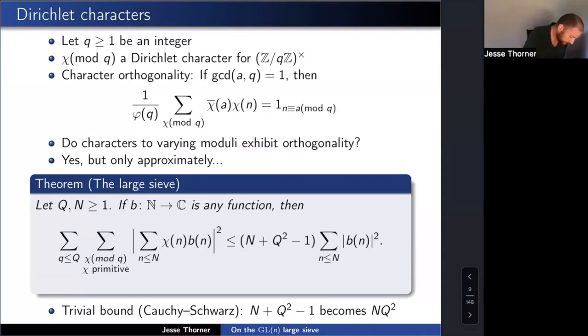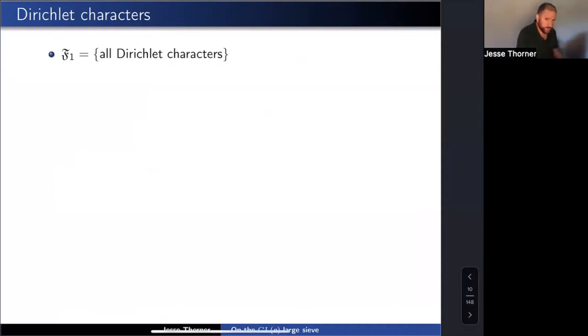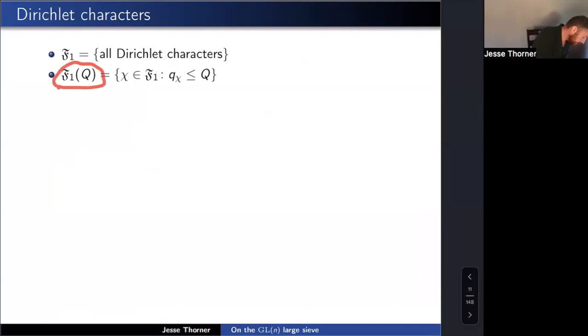All right. I'm going to dress this up slightly differently. So let's have F1 be the set of all primitive Dirichlet characters, with F1 here with this appendage of Q, meaning I'm chopping off my primitive characters to have a conductor going up to big Q. All right, so it's like a truncated family.